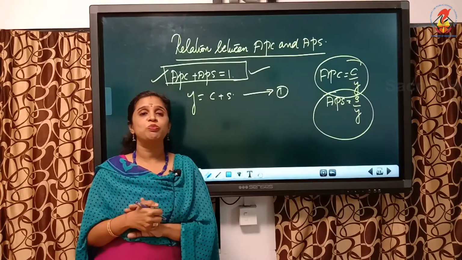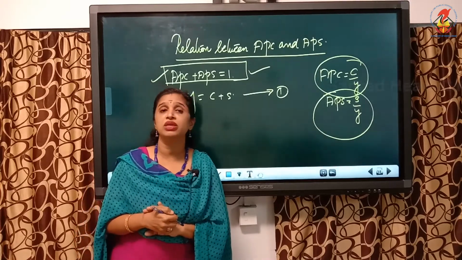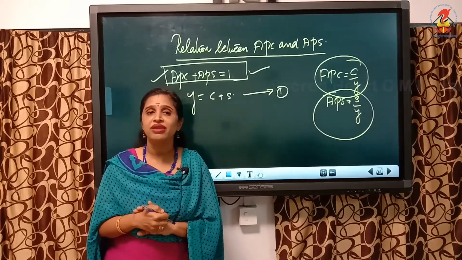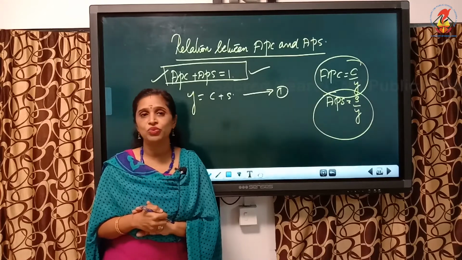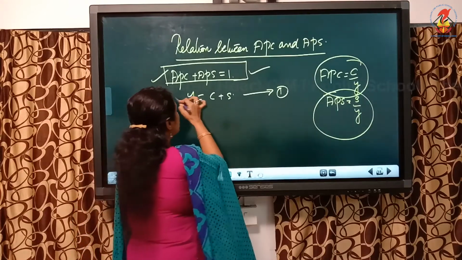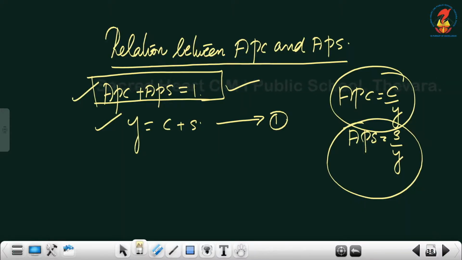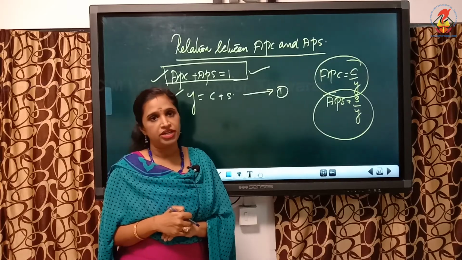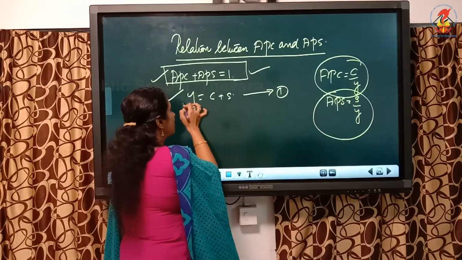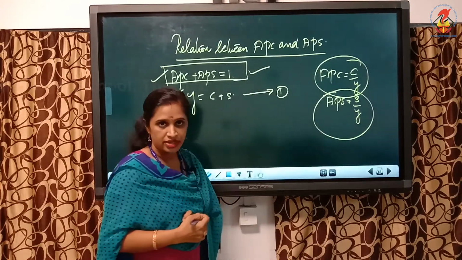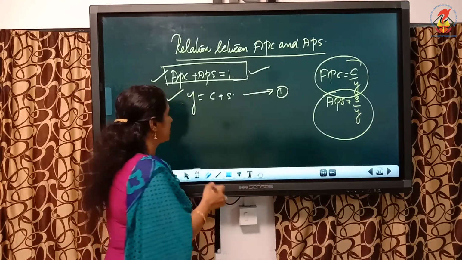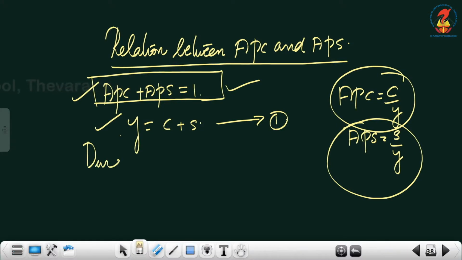Therefore, to explain the relationship between APC and APS, we need to take the equation Y is equal to C plus S. That is why we have taken the equation Y is equal to C plus S. Now divide both the sides, left hand side as well as right hand side. So what you have to write here is divide both the sides by Y.